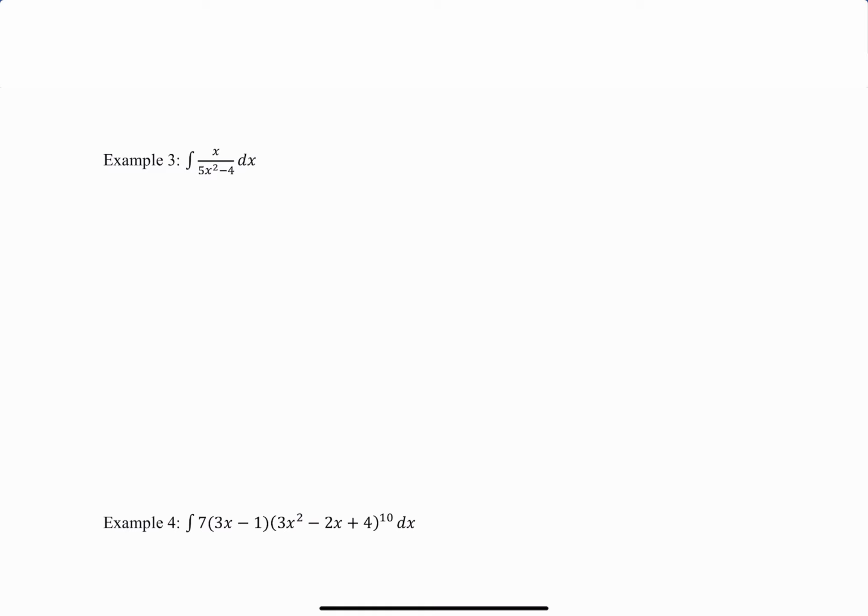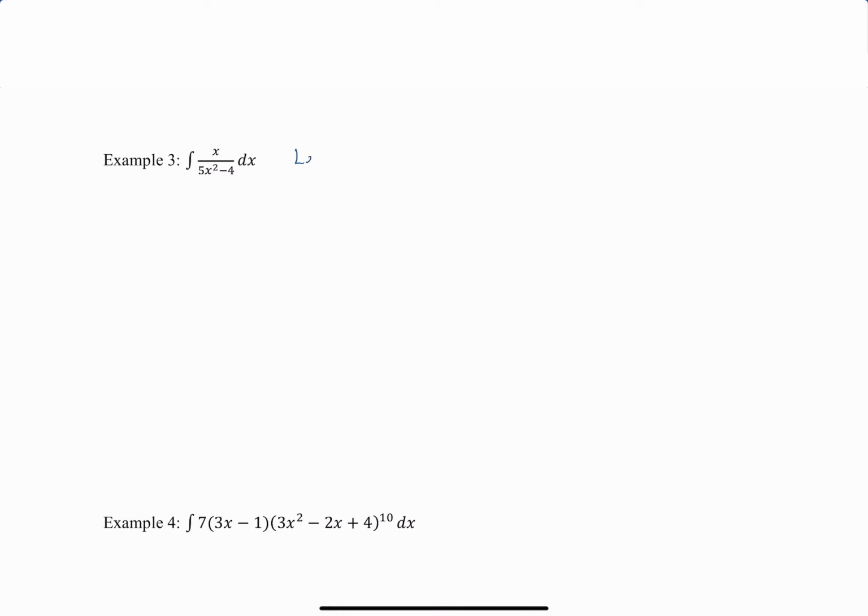Let's try finding the integral of x over 5x squared minus 4 dx. In the list of strategies we just talked about, the very first one was if the integrand is a fraction, try letting u be the denominator.